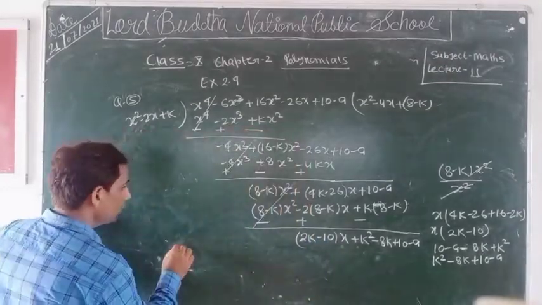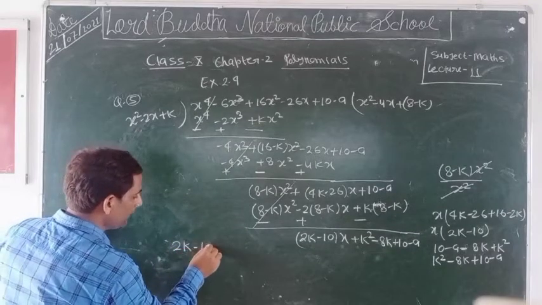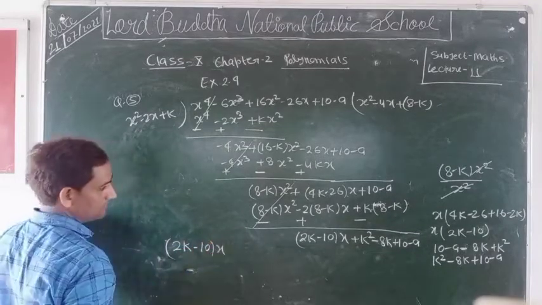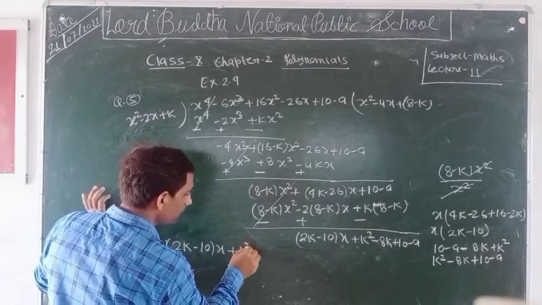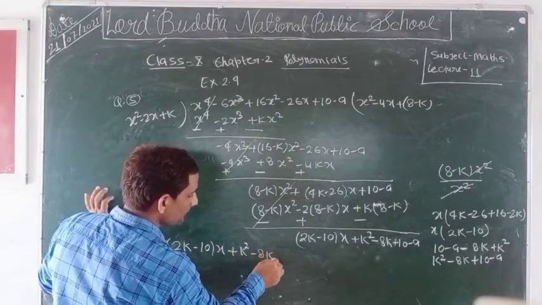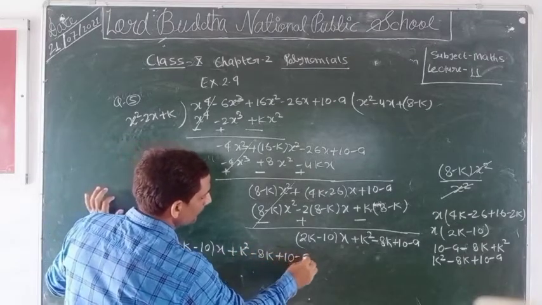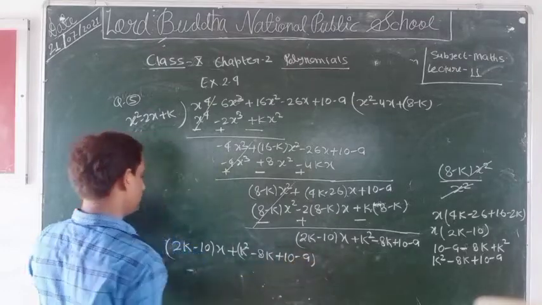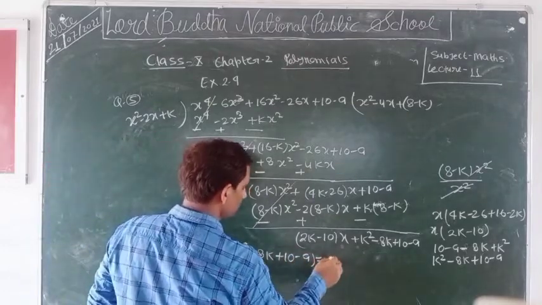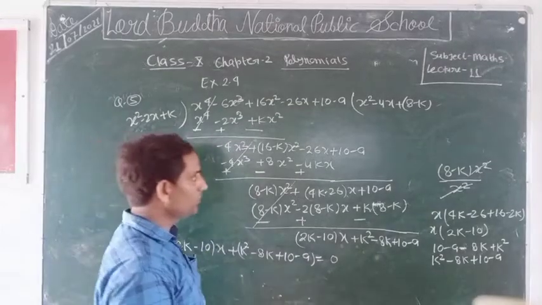We compare 2k minus 10 into x plus k square minus 8k plus 10 minus a equal to 0 because the remainder is 0.